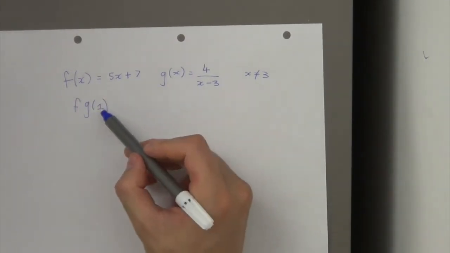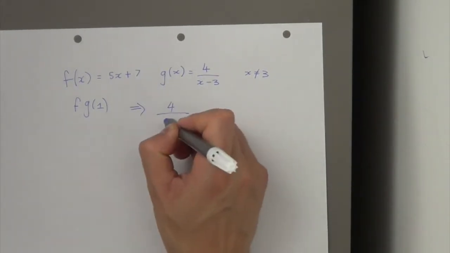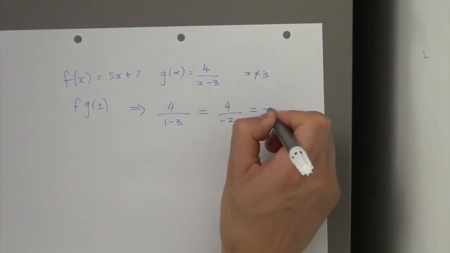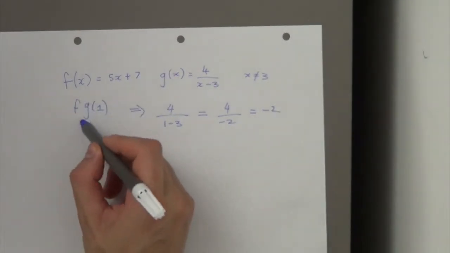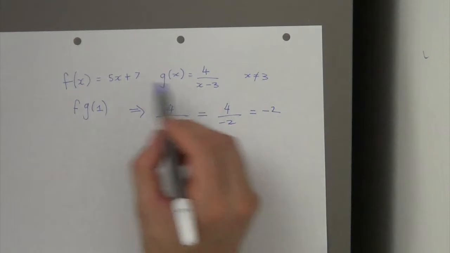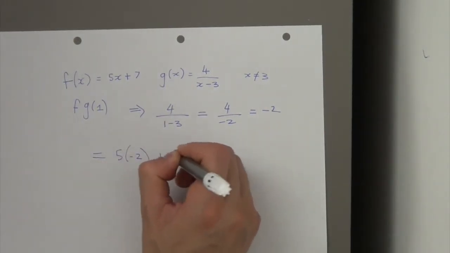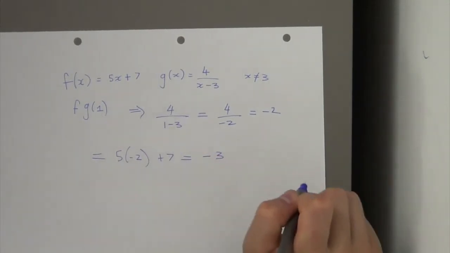First of all, substitute 1 into g(x), so that gives me 4 times 1 minus 3, which is 4 minus 2, equals minus 2. Now f of g(1) is f of minus 2, so I'm going to substitute minus 2 into f. So it gives me 5 times minus 2 plus 7, minus 10 plus 7, equals minus 3.